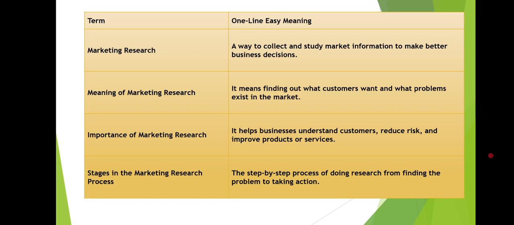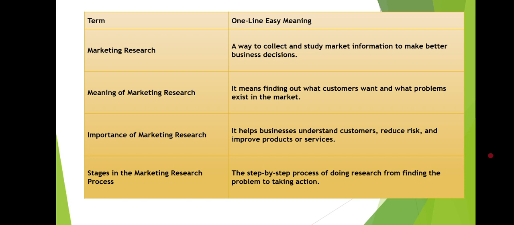Next topic we have importance of marketing research. It basically helps businesses to understand the customers' needs and wants effectively, and it also helps to reduce the risk and improve products and services. Next we have stages in the marketing research process. The step-by-step process of doing research from finding the problem to taking actions.